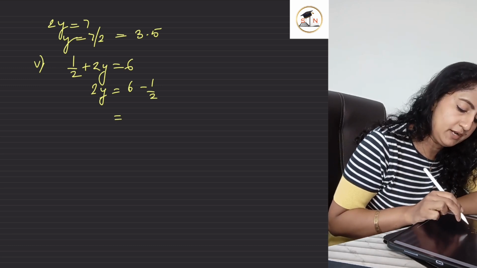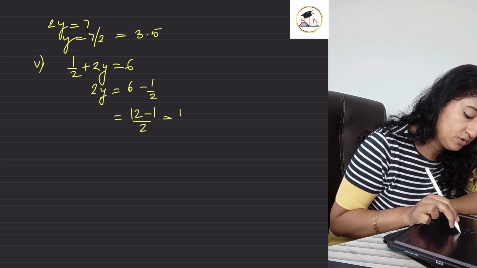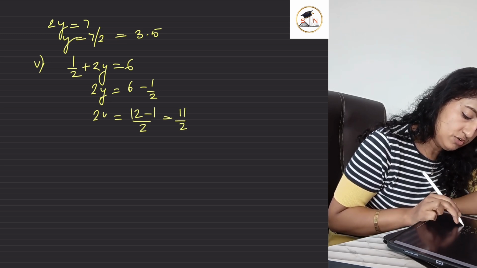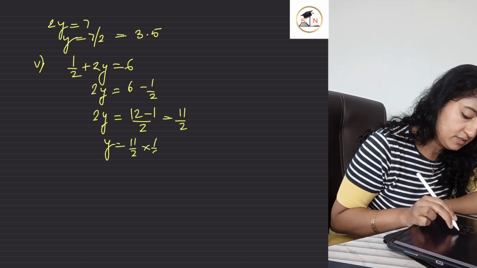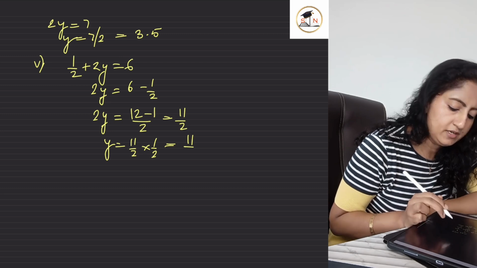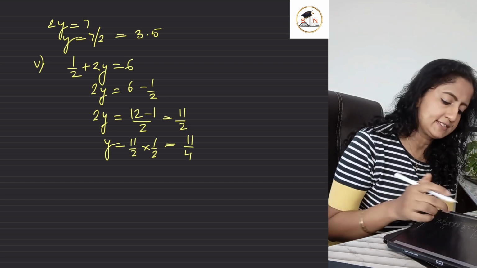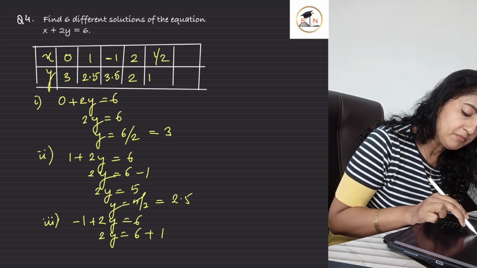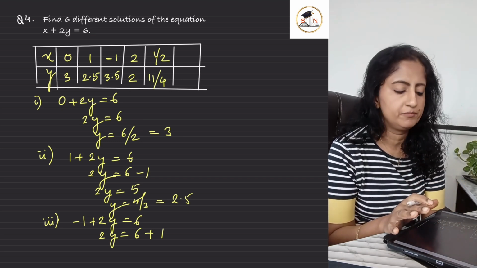Now, taking LCM on the right gives me 12 minus 1 by 2, that is 11 by 2. So 2y equals 11 by 2 into 1 by 2, that is 11 by 4. Now, 11 by 4, if you want to leave this as it is, that is also fine because we are just creating solutions. We are not doing any plotting on the graph.